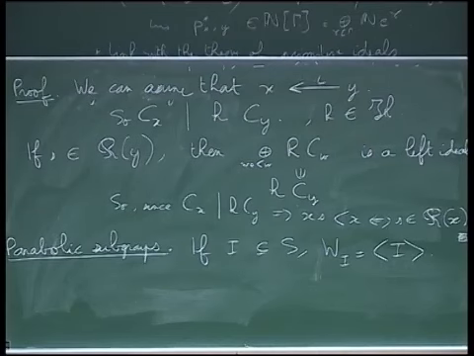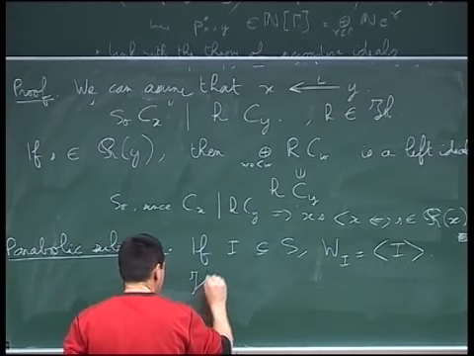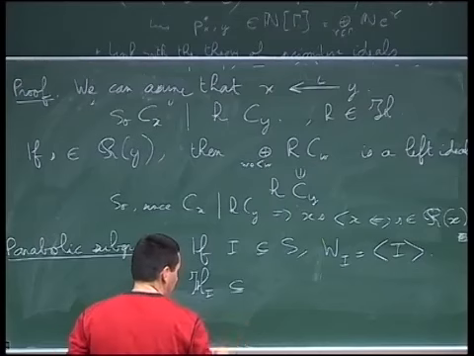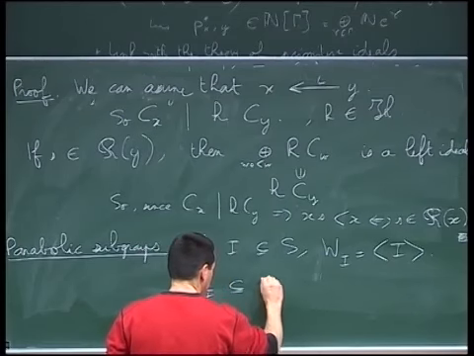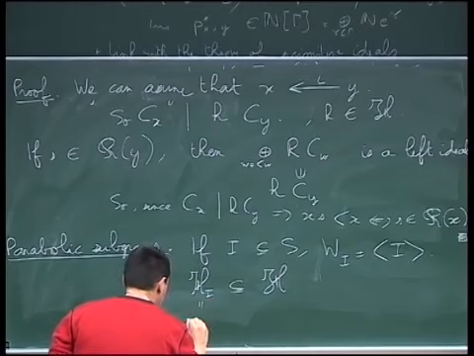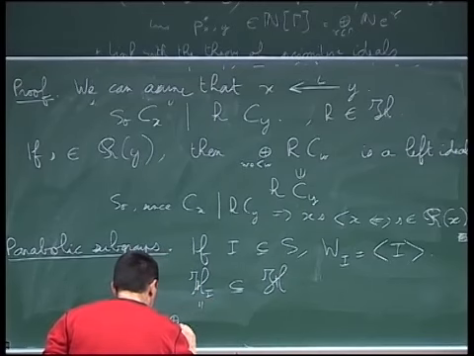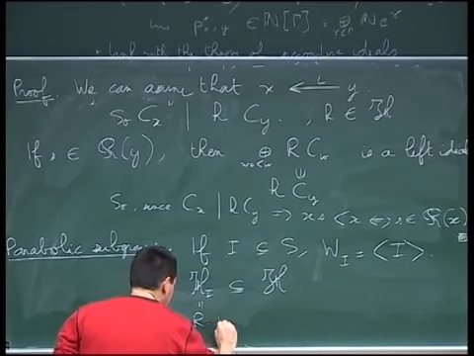And we can also define HI to be the subalgebra of H which is the sum for w in WI of the RTw.